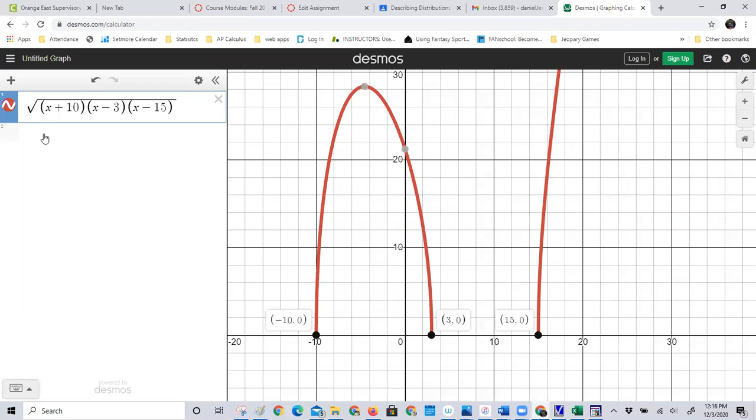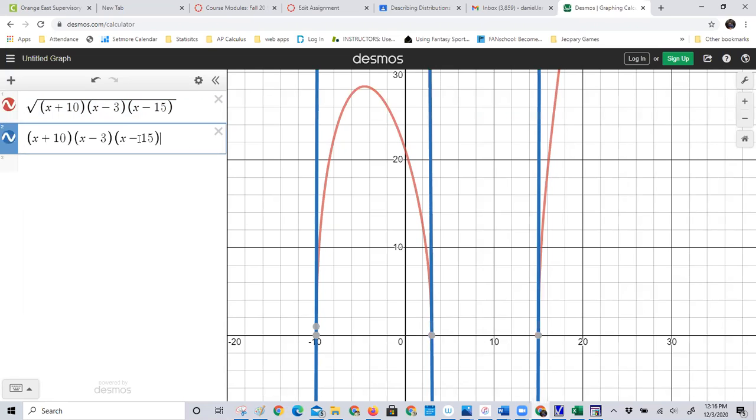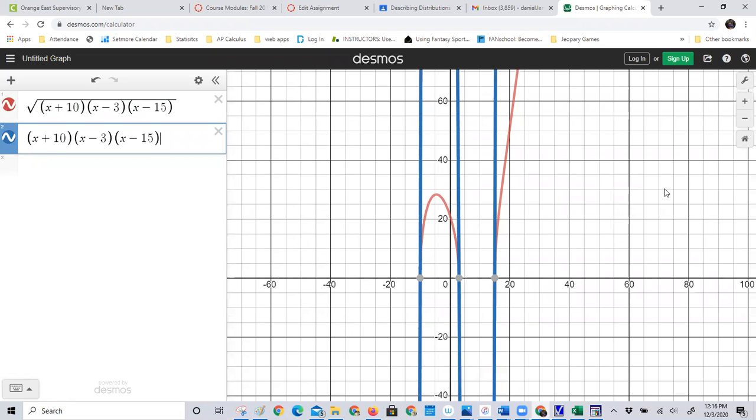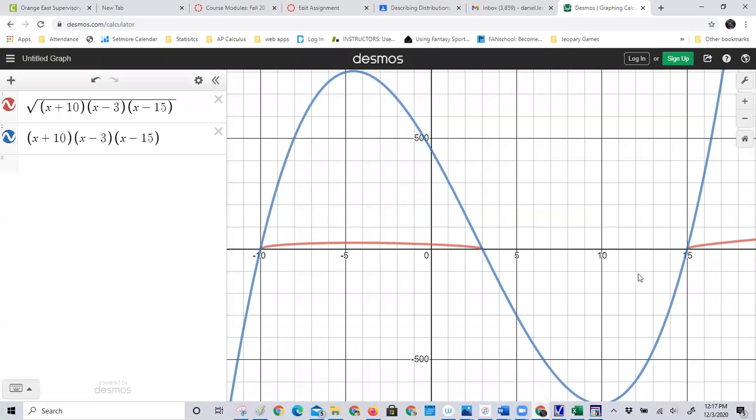Okay. Now if I just wanted to be concerned with the polynomial graphically, do you see how, let me zoom out. Let me stop this video a minute and I'll tweak the window. So the blue graph is the polynomial that's underneath the square root.